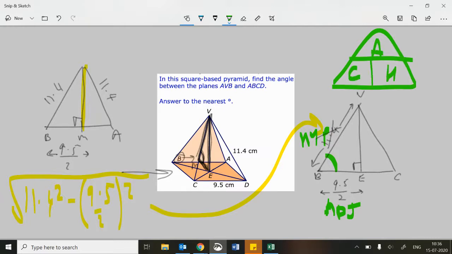To find the angle, cos of theta is equal to the adjacent divided by your hypotenuse, and then you can inverse cos once you put in your measurements. Hopefully that one is clear. Let's have a look at the next one then.